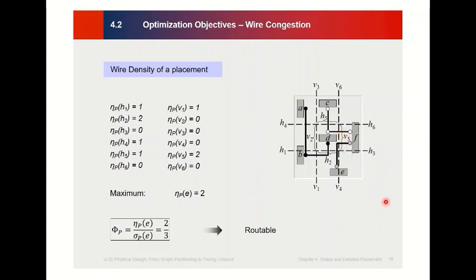Assuming that the capacity for each cut is 3, what is the wire density? The wire density is 2/3. Because we assume that each cut can accommodate 3 wires, we can estimate that we have no problem routing these wires. All wires should be routable. Again, this is an example.